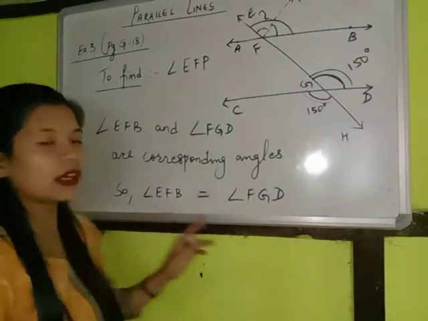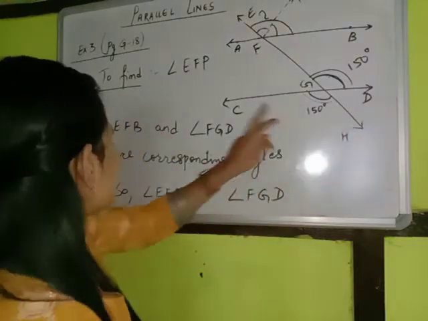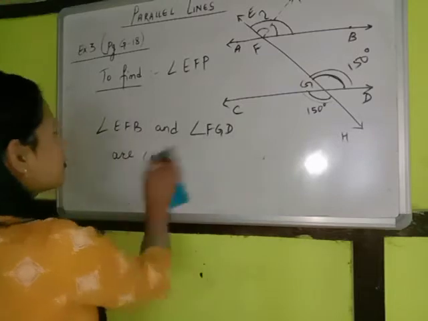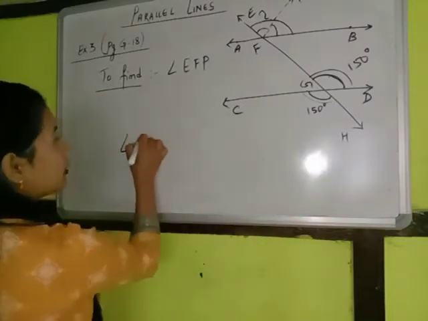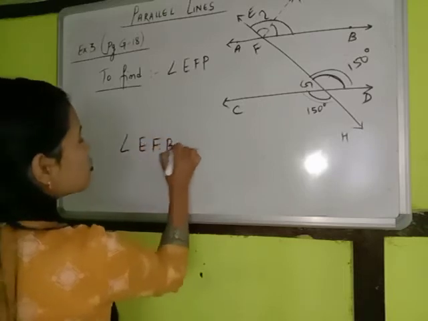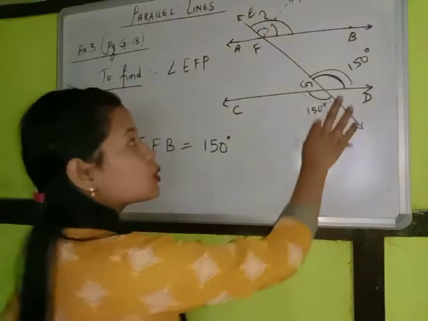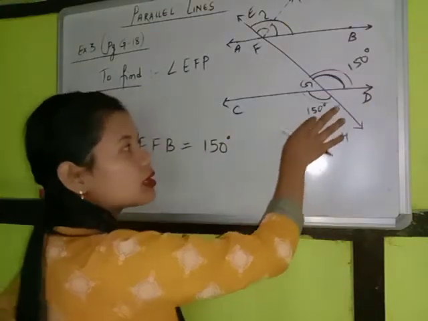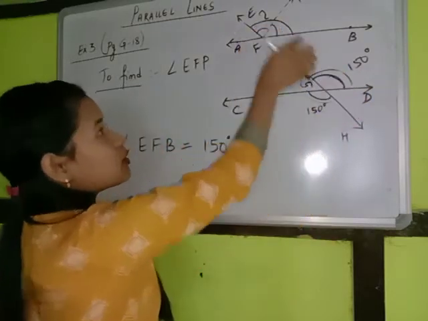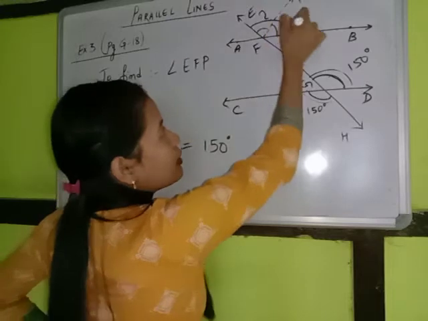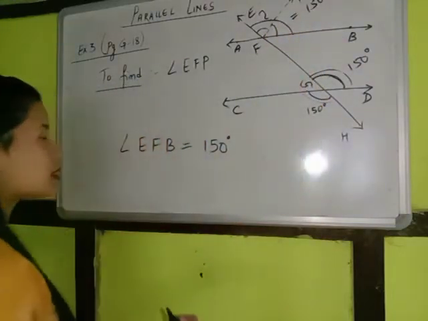I know the measurement of angle DGF, so angle EFB will also be equal to 150 degrees. What we have done is, these two are vertically opposite angles, so their measurements are equal, and again these two are corresponding angles, so this angle's measure will be equal to 150 degrees.